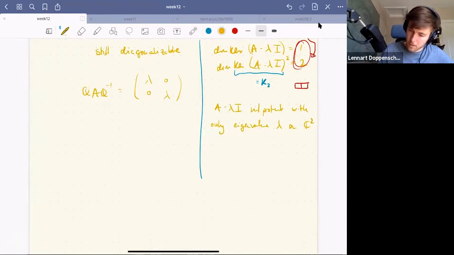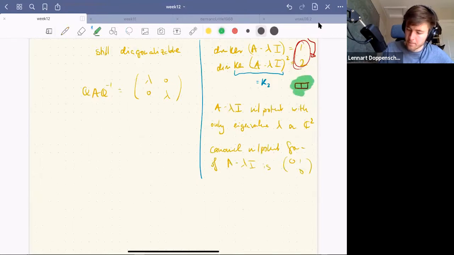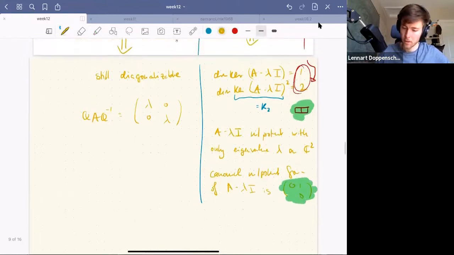The canonical nilpotent form of A minus lambda I is 0, 0, 1, because there's just one two-cycle in the cycle tableau.